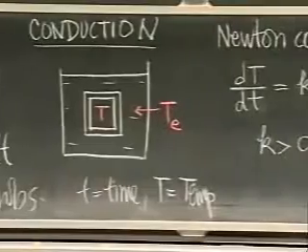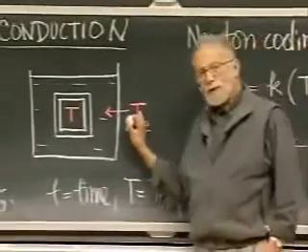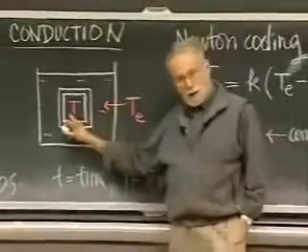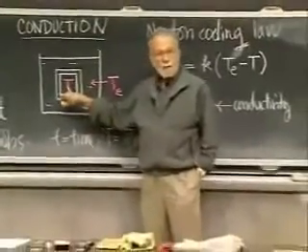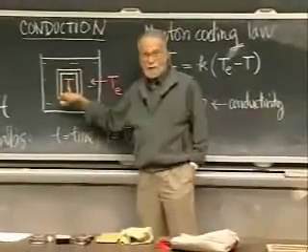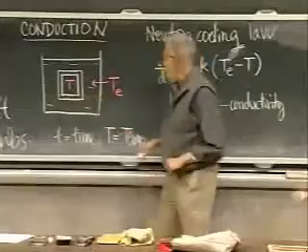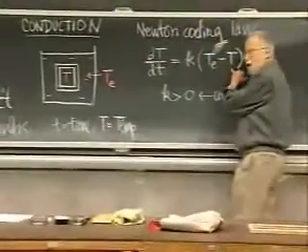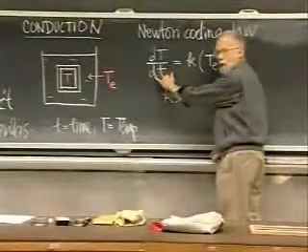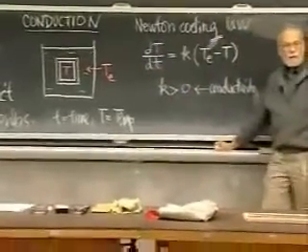And why positive? Well, because if the external temperature is bigger than the internal temperature, I expect the internal temperature to rise. That means dT/dt, its slope, should be positive. So in other words, if T_E is bigger than T, I expect this number to be positive. And that tells you that k must be a positive constant.